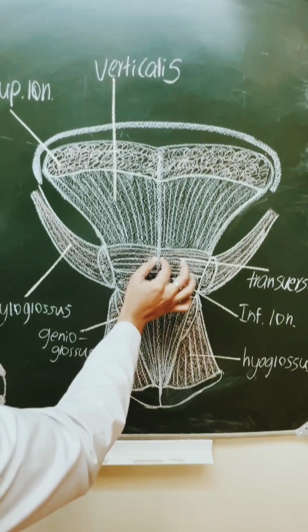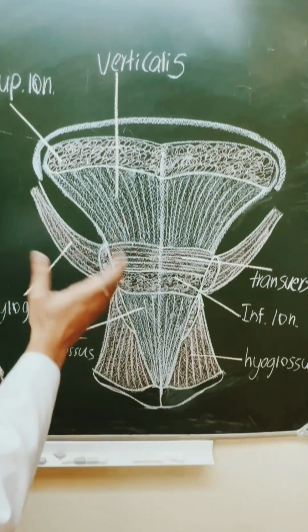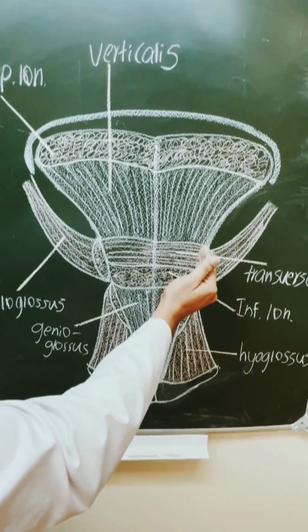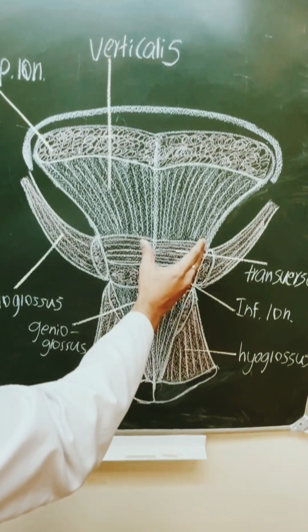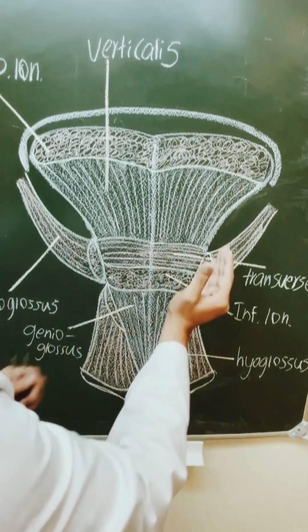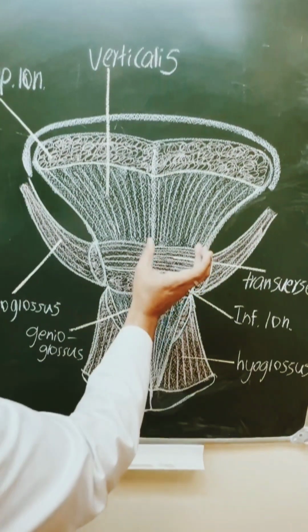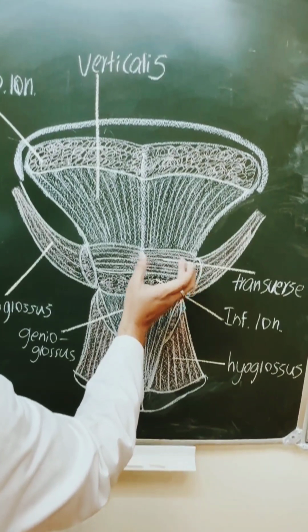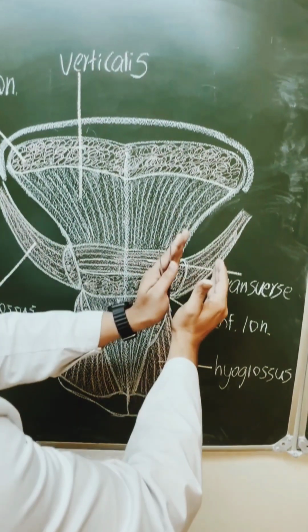You know their fibers are going away like this from the septum. Therefore, they have two functions. They can contract either unilaterally or bilaterally. If they contract unilaterally, the pull is coming only to one side. Let's say this is the right side and this is the left side. If the right side transversalis muscle is contracted, it pulls the septum toward the right side.